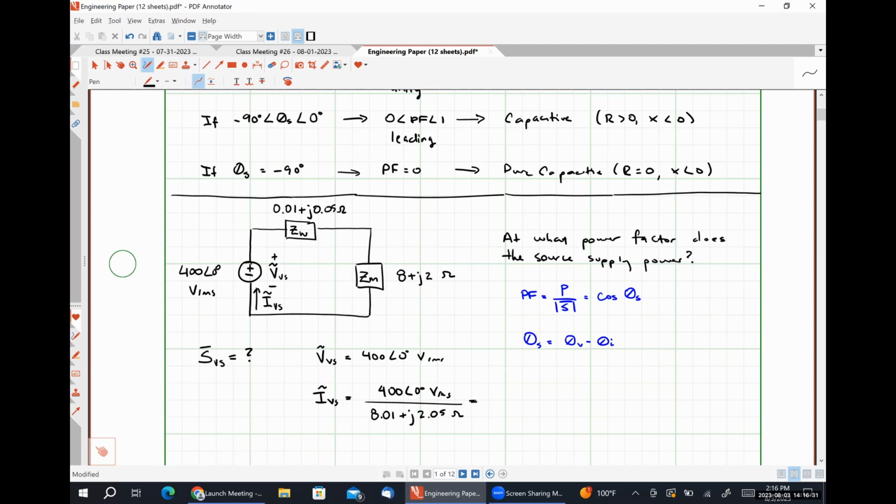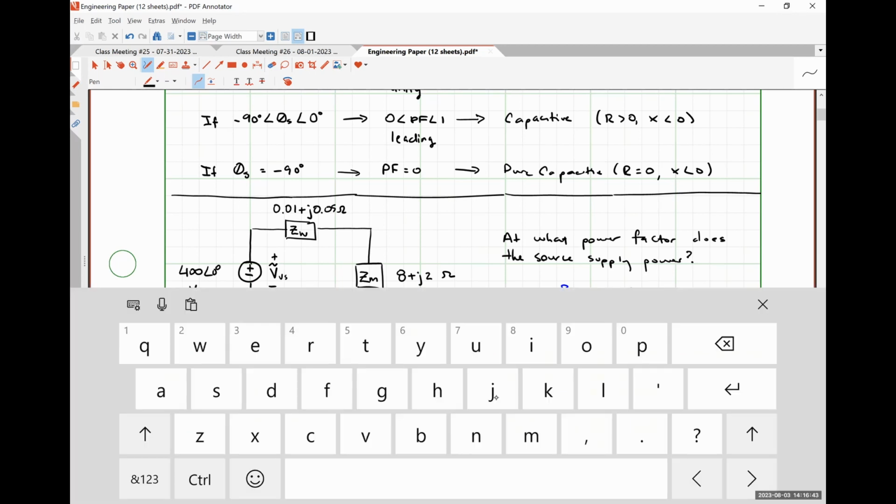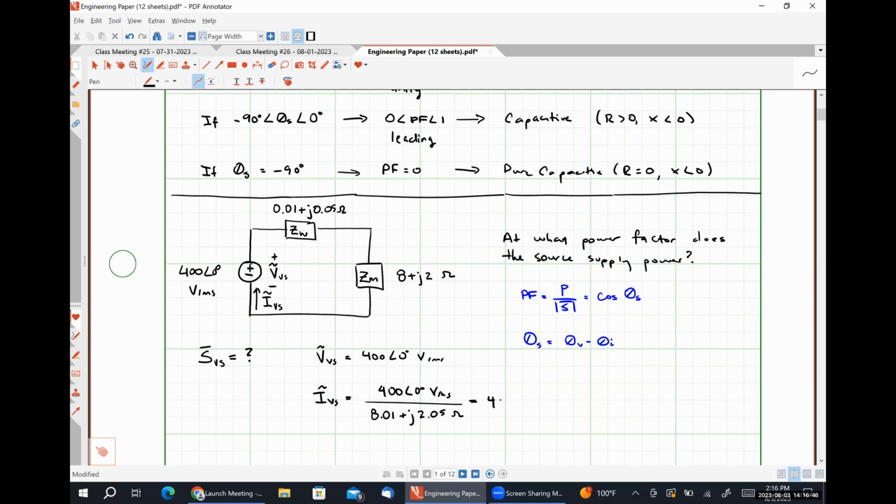So 400 divided by 8.01 plus J 2.05 gives me 48.378 with an angle of negative 14.356 degrees amps RMS.